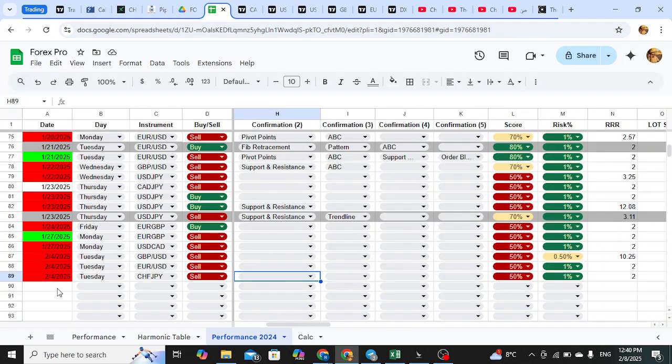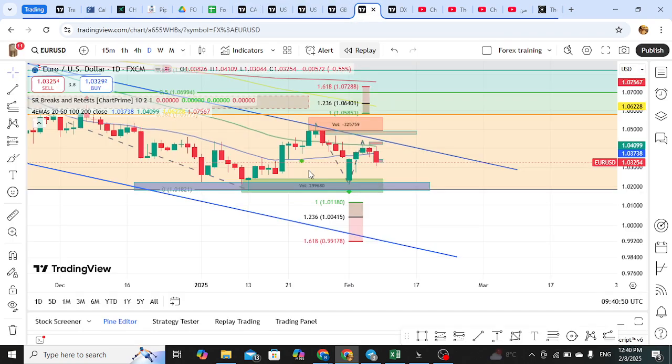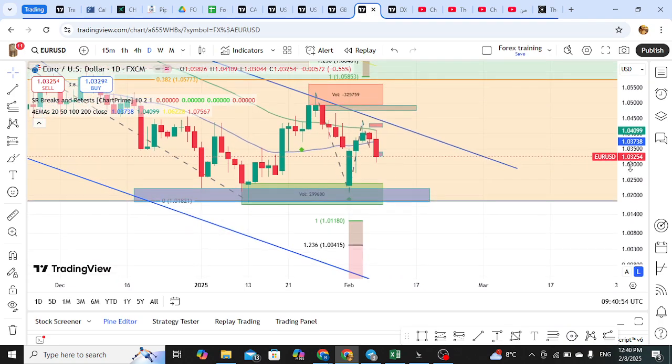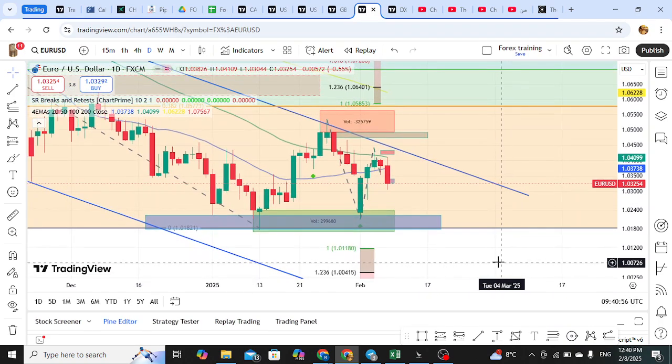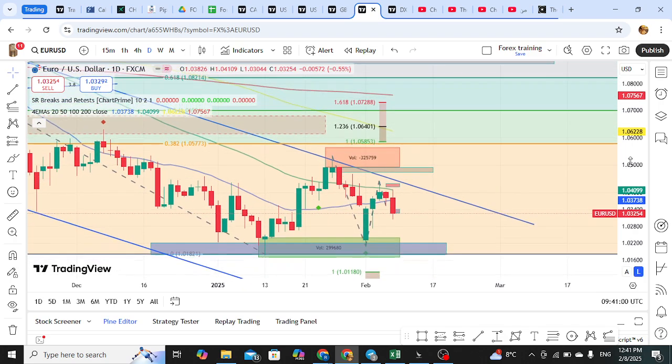I'm not sure if we're going to get into the exception that I use. Let me try to show you something. Let's hope that could be beneficial and clear. Okay, let's look at this EUR/USD chart. It's the daily chart.